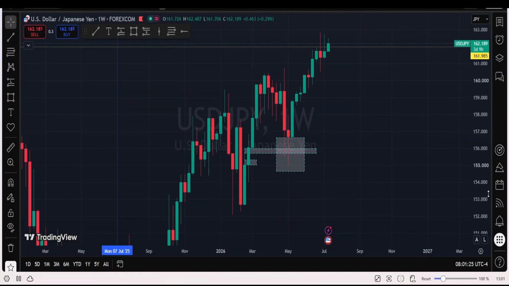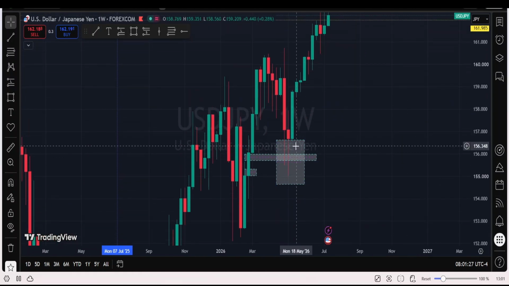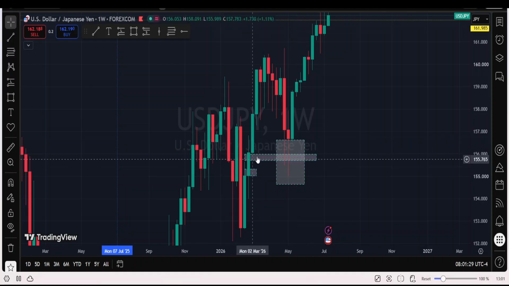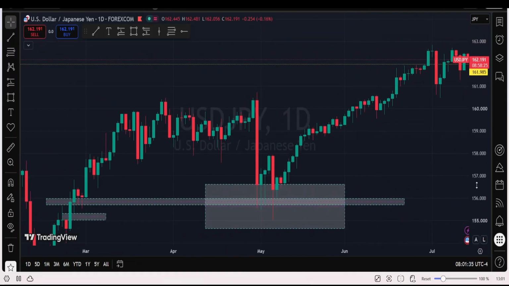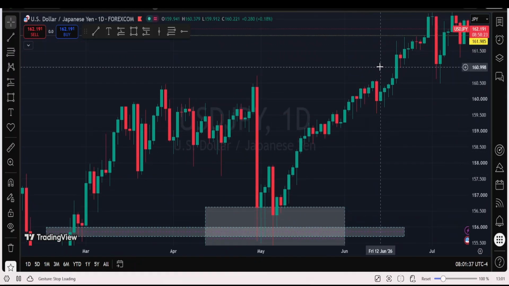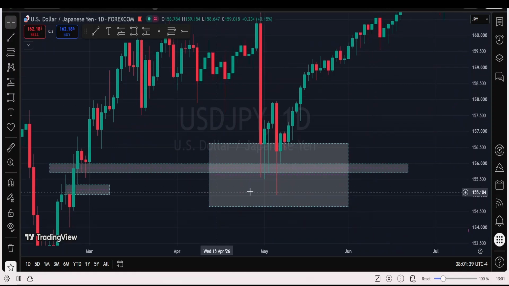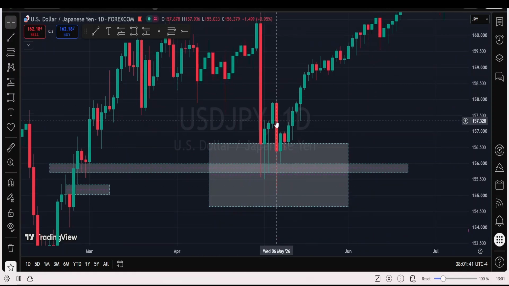Let's take for instance this level. We've noted this level and said, okay, this market is in an uptrend. So we move to the daily time frame. We've gotten a direction from the weekly time frame. So let's focus just here on our daily time frame, because we know that the market is in an uptrend.